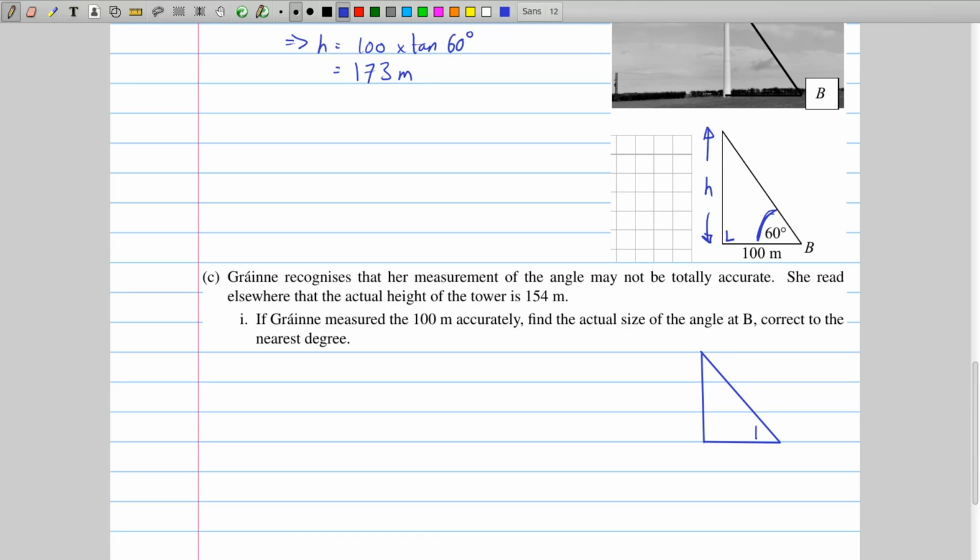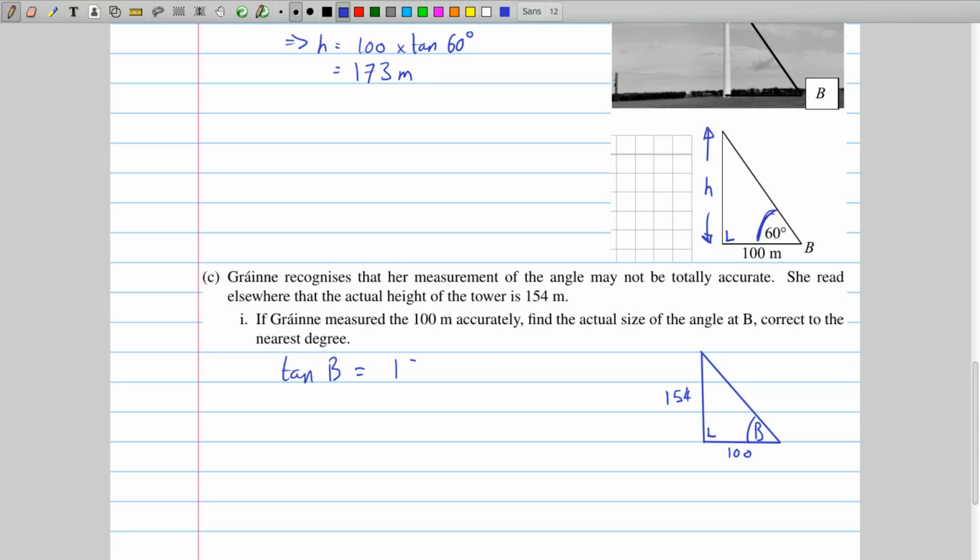We have this angle, let's call it angle B. We have the height this time, which is 154, and we have the adjacent side, which is 100. We can use the same trigonometric ratio because this is still a right-angled triangle. Nothing's changed about that. So we have tan of this angle B. We don't know what it is.